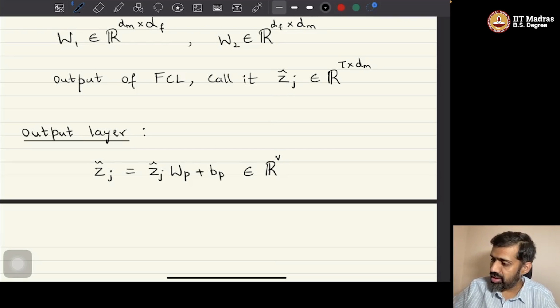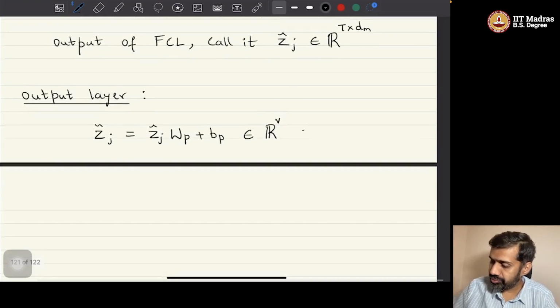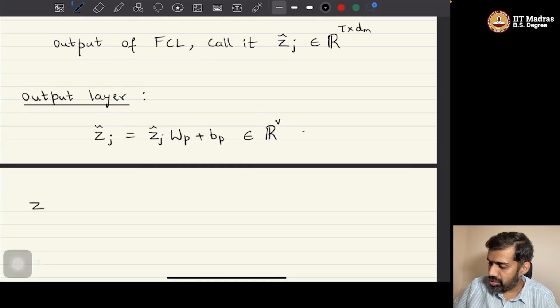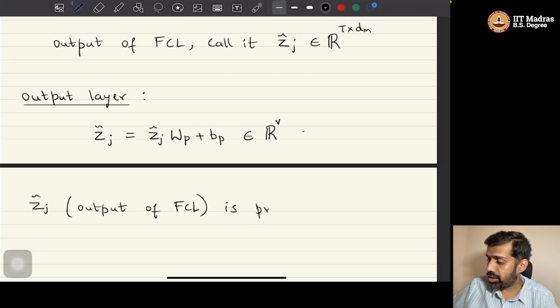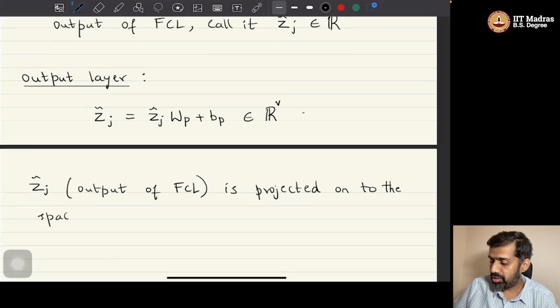So what is happening here is that z cap j, which is the output of the fully connected layer, is projected onto the space of vocabularies via a linear projection.